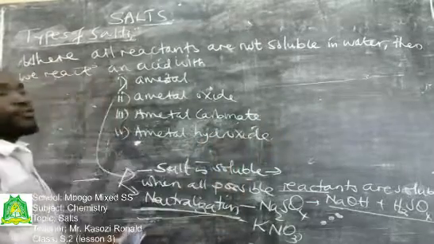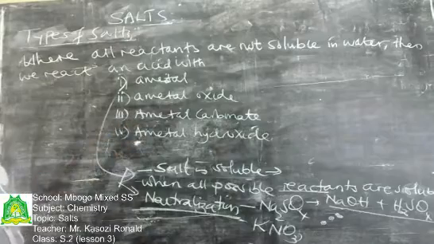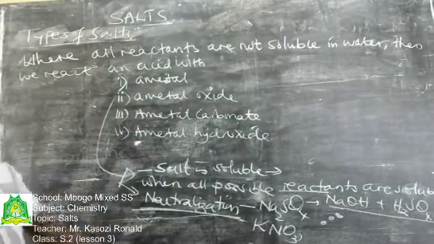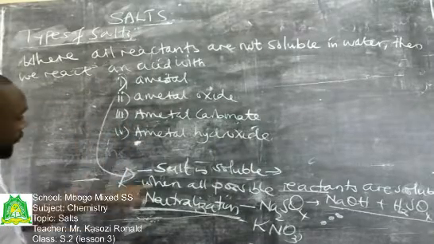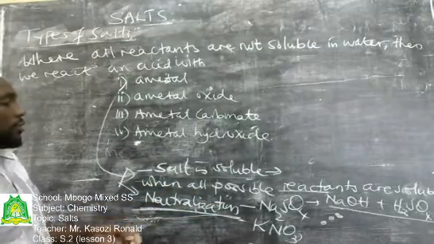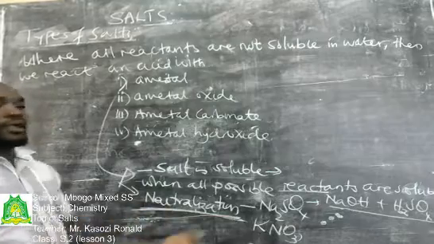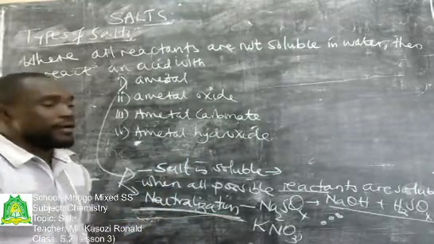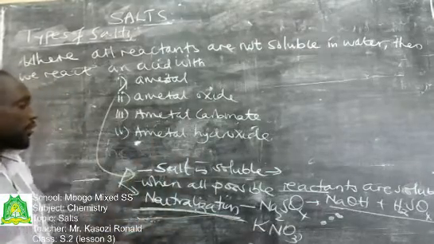You first obtain the solution of the salt, and then we carry out the crystallization method. Even where reactants are all soluble, you can neutralize them, get the solution of the salt, and carry out crystallization.